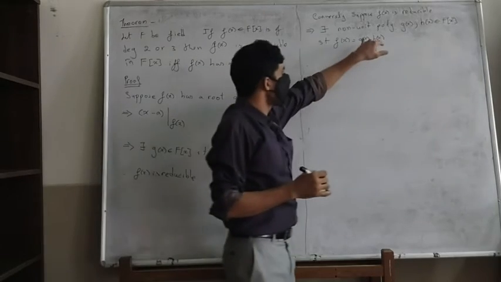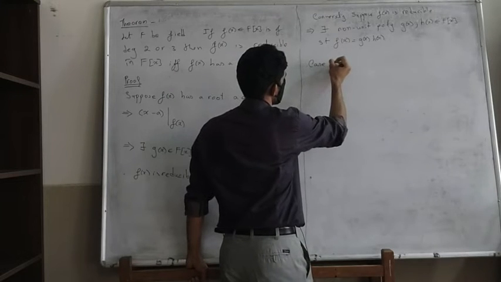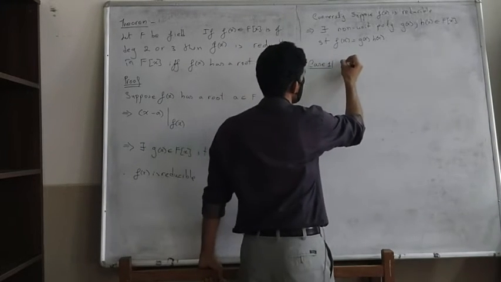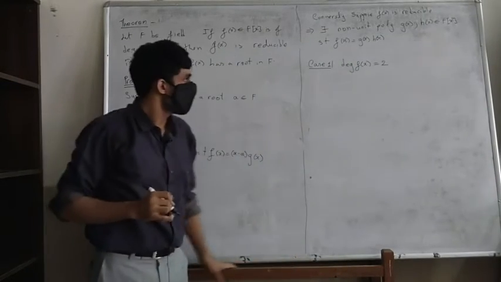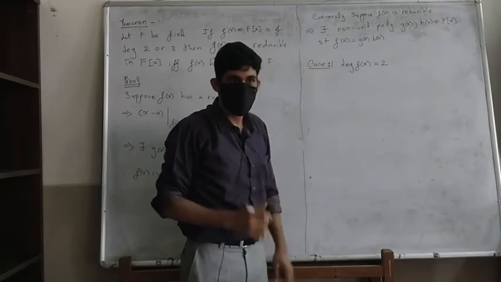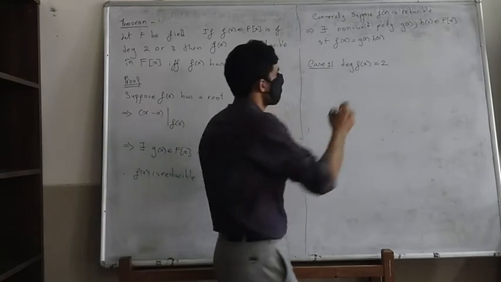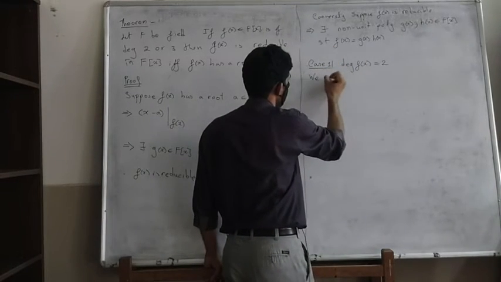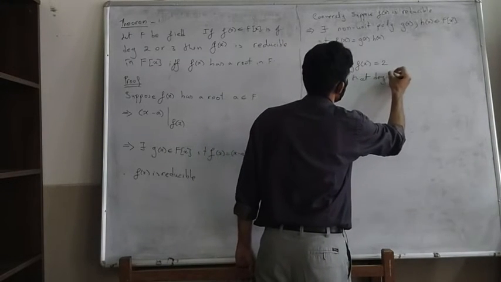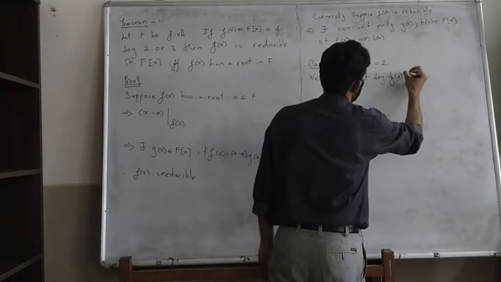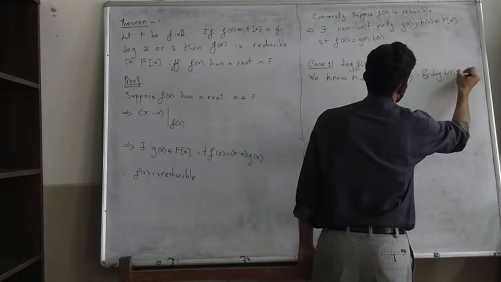Now we know that both their degrees are at least 1. Let's take case 1, and look at them separately. If the degree of f is 2, what are the possibilities for the degree of g and the degree of h? We know that the degree of g of x is greater than or equal to 1 and the degree of h of x is greater than or equal to 1.